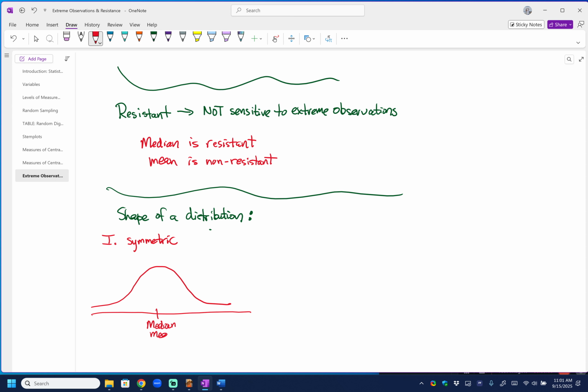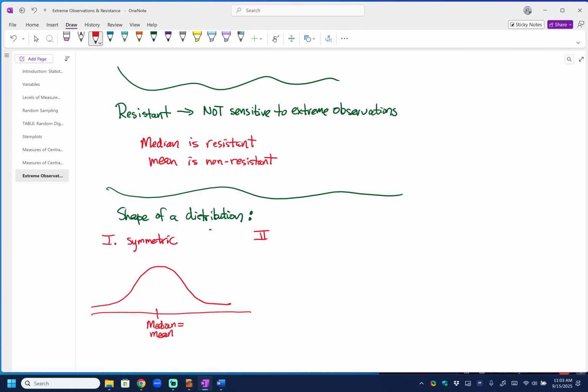Because if it's symmetric on both sides, think about that mathematically. Everything on the left is going to pretty much equal everything on the other side, and it's all going to level out, and you're going to get a mean and a median that are basically going to be the same. So mean equals median.